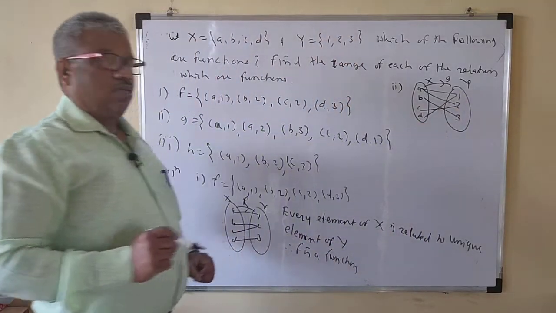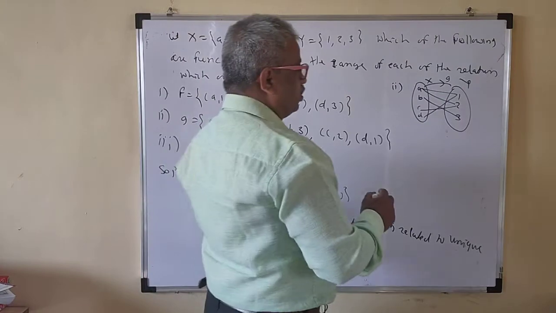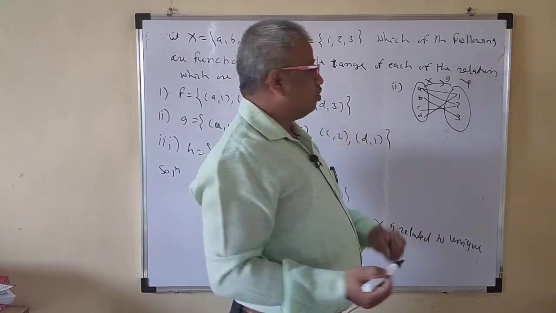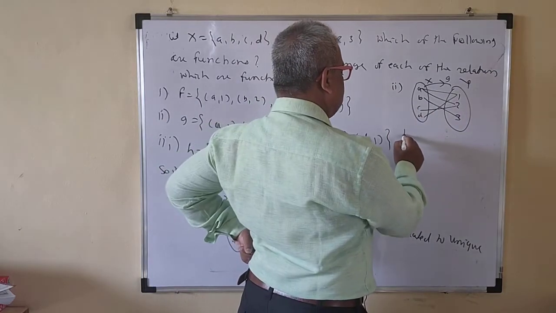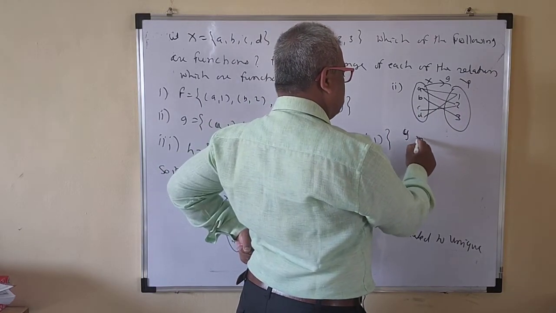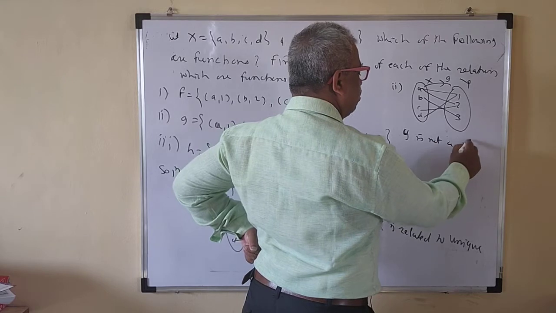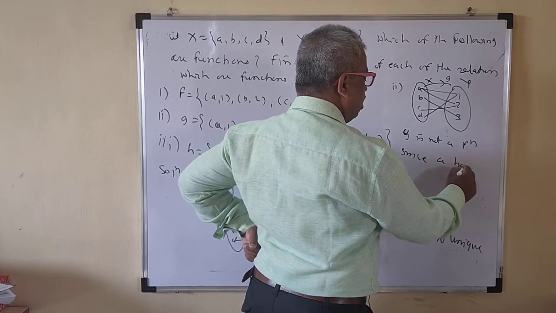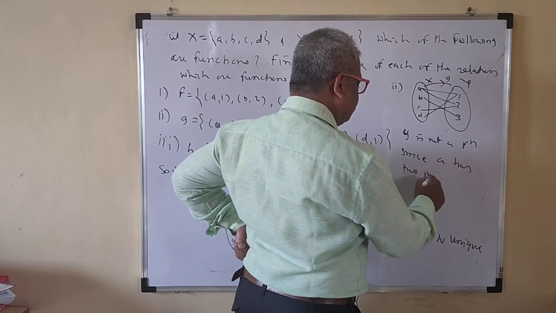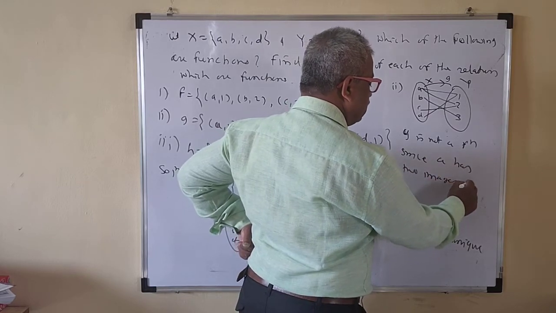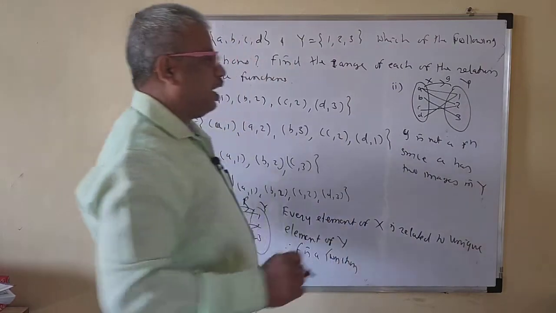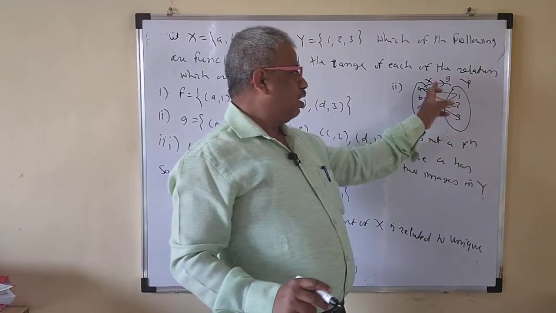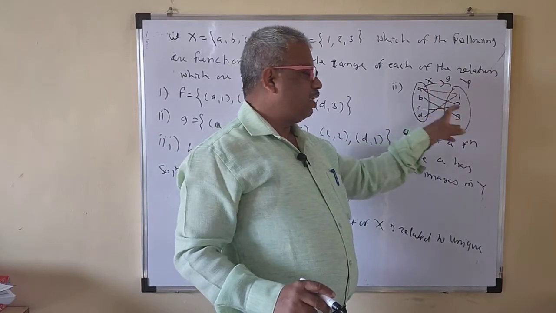Now here, G is not a function because A is related to more than one element. So G is not a function since A has two images in Y. That means G of A is 1 and G of A is 2.